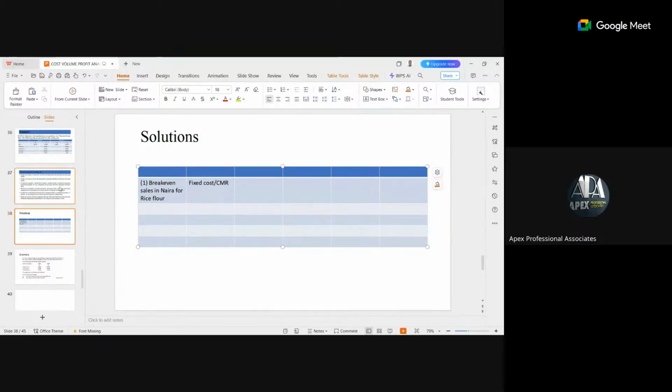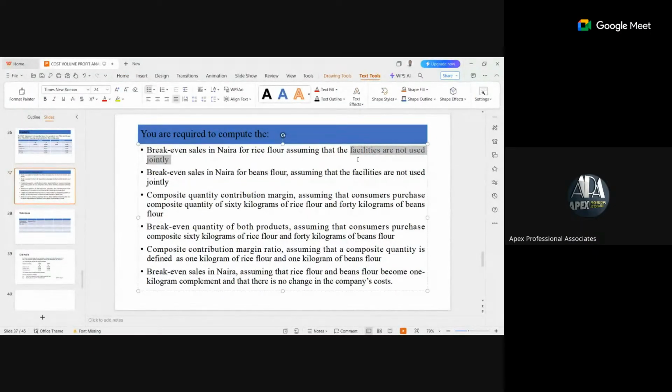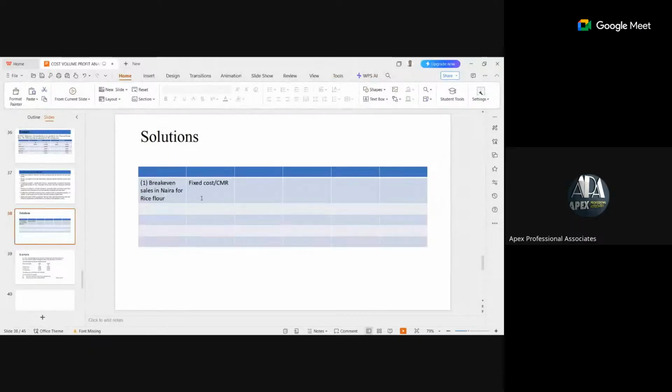So we are solving it using this approach because the facilities are not used jointly. When the facilities are used jointly by rice and beans flour to produce rice and beans flour, the approach will be different. Take notes.